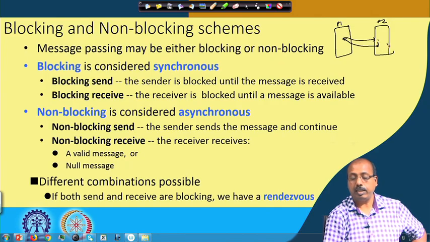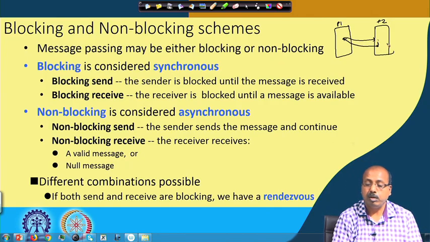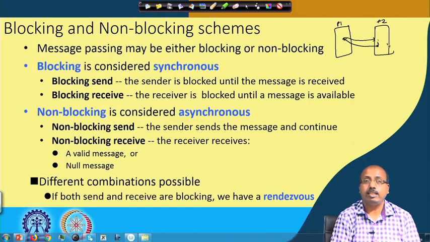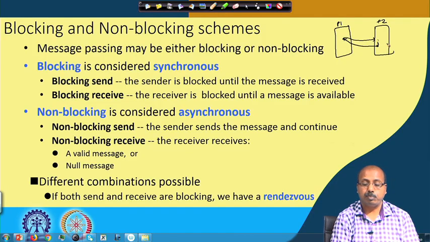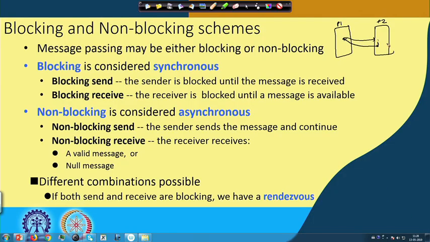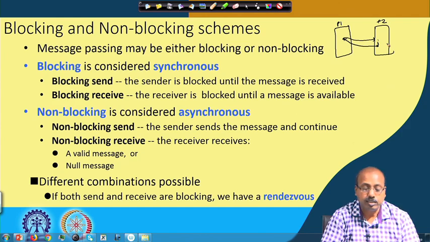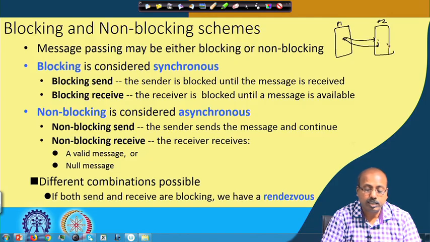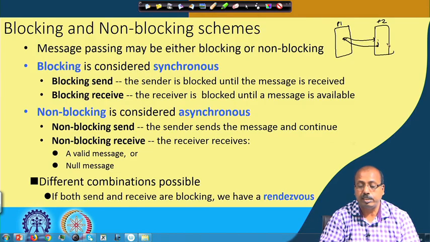So, this is one type of situation, where P1 waits until the message is received by the receiver. This is called the blocking type of send: the sender is blocked until the message is received by the receiver. And there is a blocking receive: the receiver is blocked until a message is available.